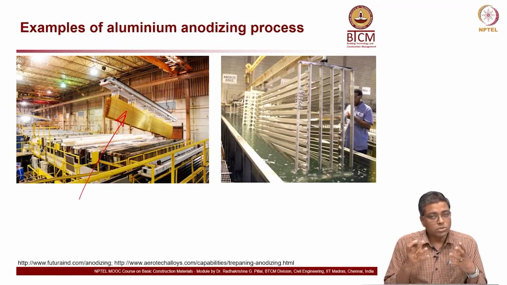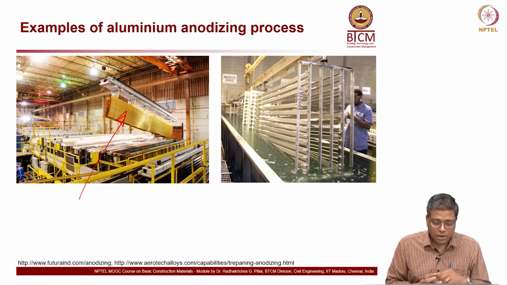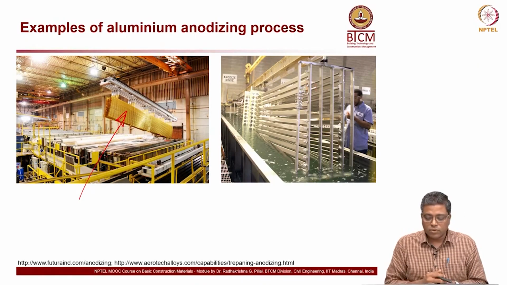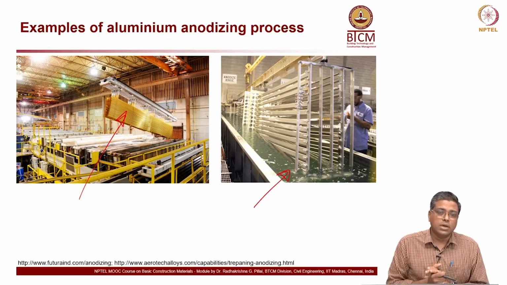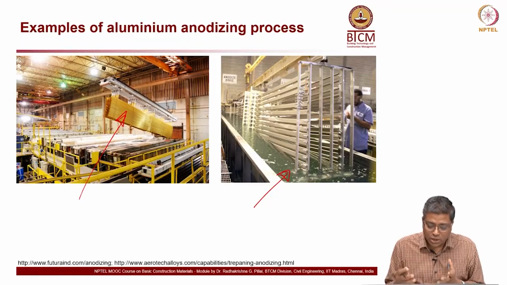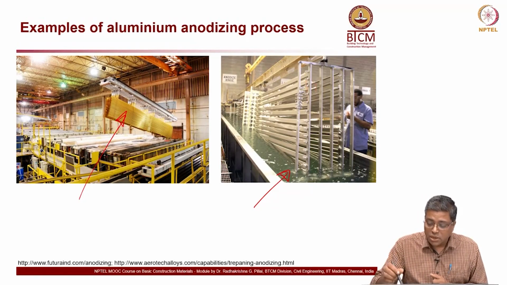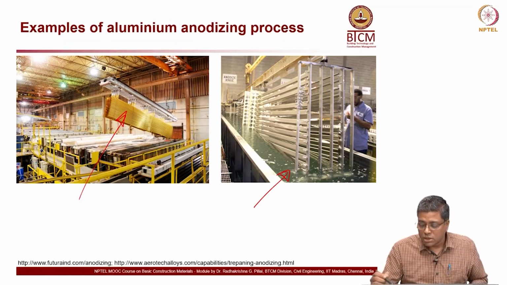That is because they used a dye which has yellow color. It is a sulfuric acid bath into which it is dipped, and then after that it is cleaned. This is essentially the cleaning process going on.